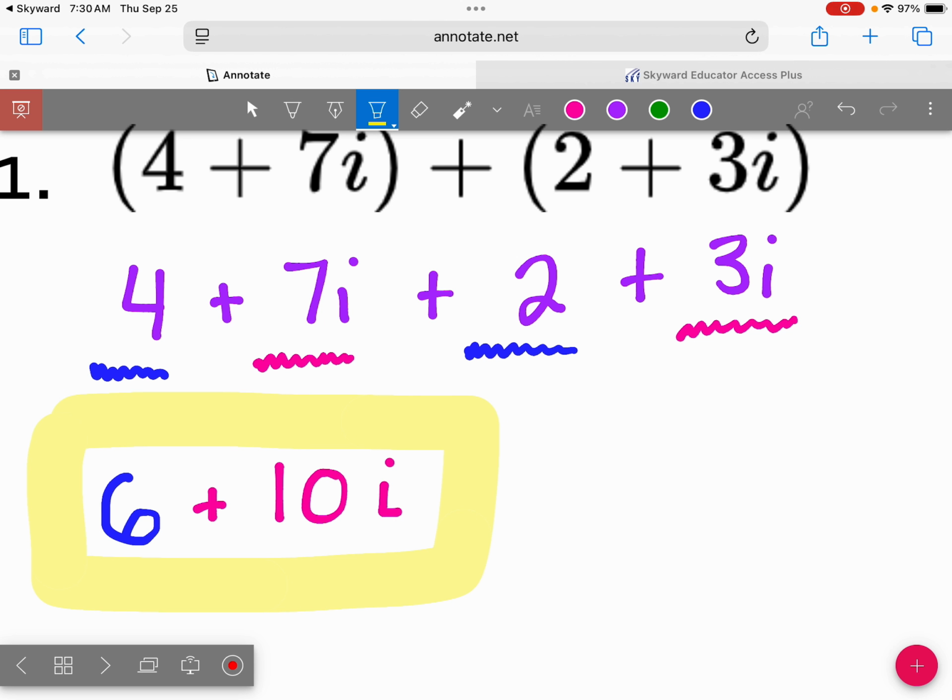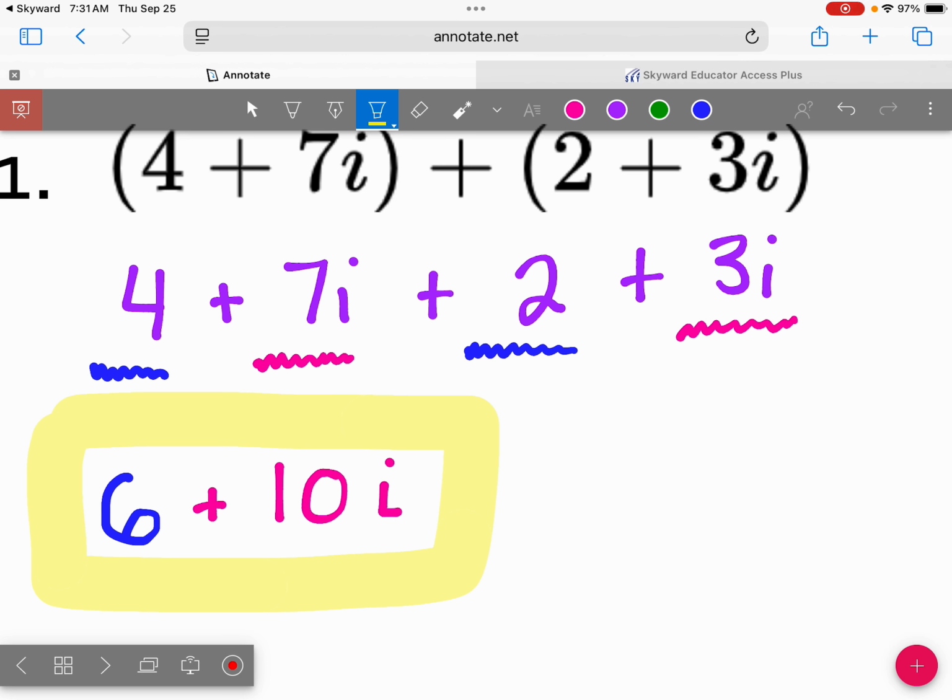Very, very similar on the right one. There's just one extra step, because instead of adding, we're going to subtract. So the important thing to know when we are subtracting these pieces that have imaginary chunks, I need to make sure that I am not just subtracting the 7, but I am also subtracting the minus 3i. So we need to distribute this minus sign through. These parentheses don't have to be here.